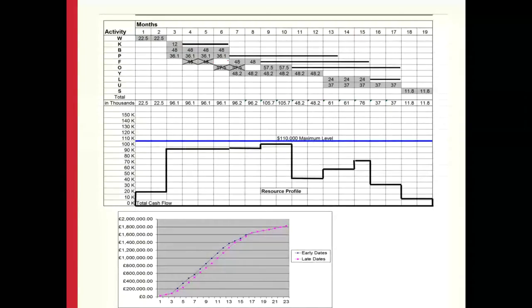The decision is taken to delay the start of activity F, which is going to have a subsequent impact on activity O as well. By delaying the start, we have tried to bring the resource profile back to the boundary which has been given to us.